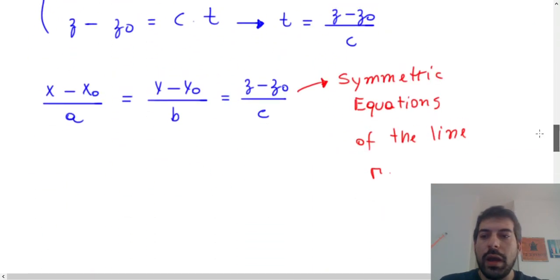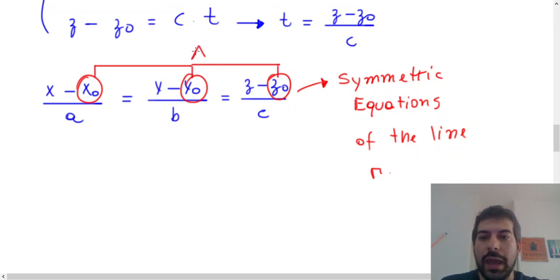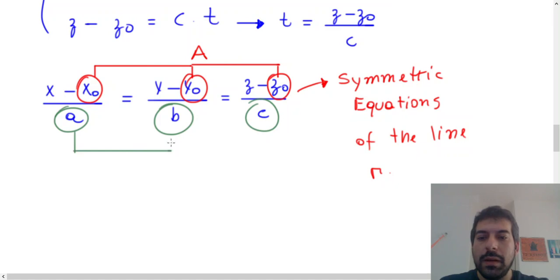The numbers x0, y0, and z0 in the symmetric equation are the coordinates of the point A, and the denominators a, b, and c are the coordinates of the vector v.